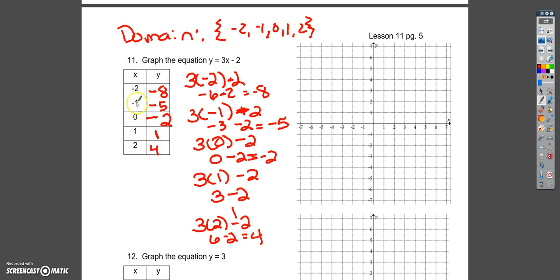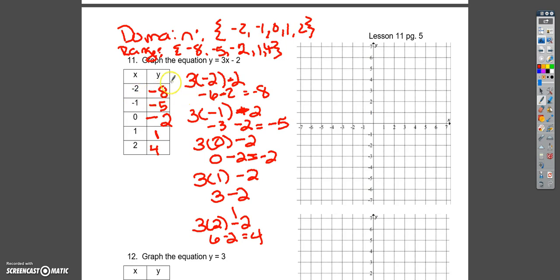So these are our ordered pairs. Our range would be -8, -5, -2, 1, and 4. We can plot our ordered pairs.